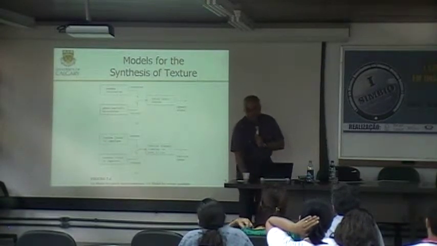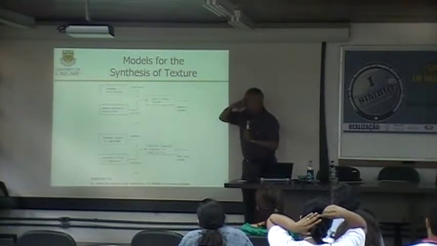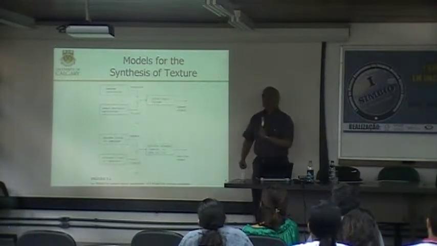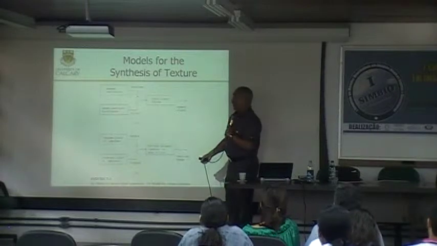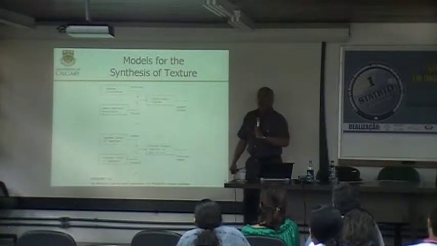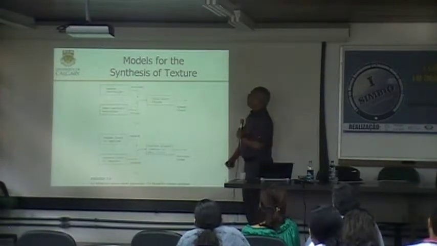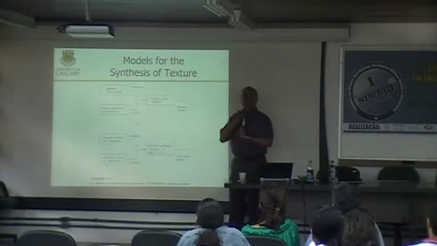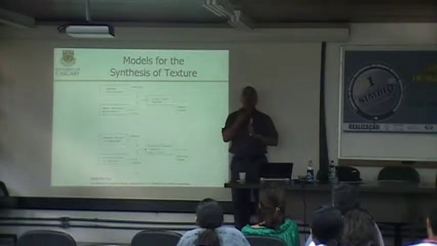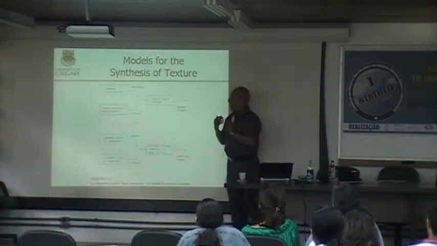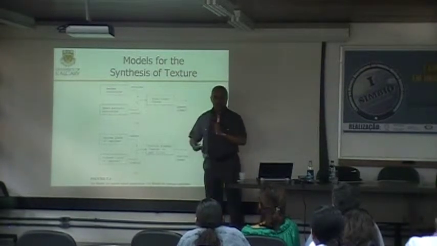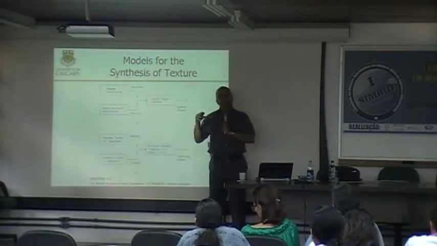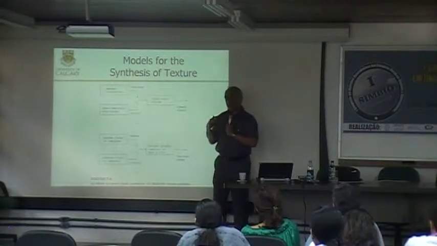There is an interesting analogy. In the synthesis of texture or generation of texture, the analogy is made between the generation of texture and generation of speech. Those of you who have done speech analysis can recognize this model. In human speech, we have some major types of speech or phonemes that we generate.